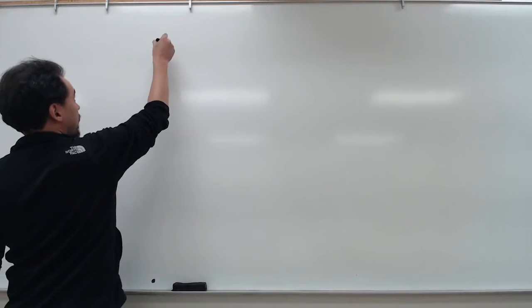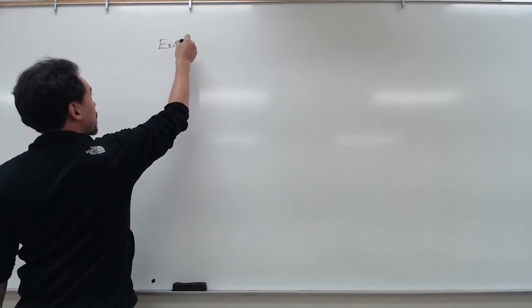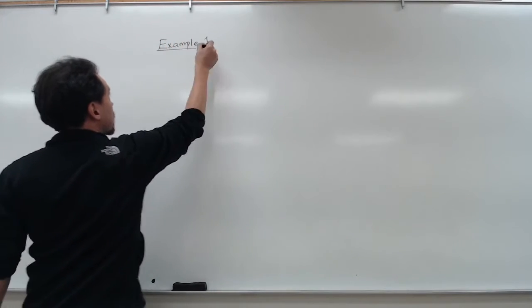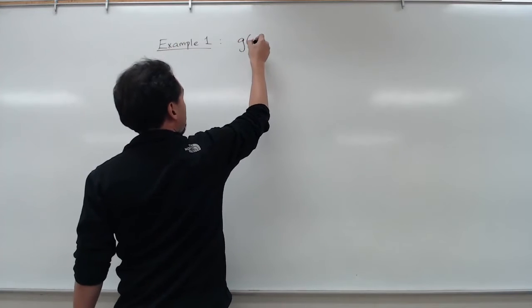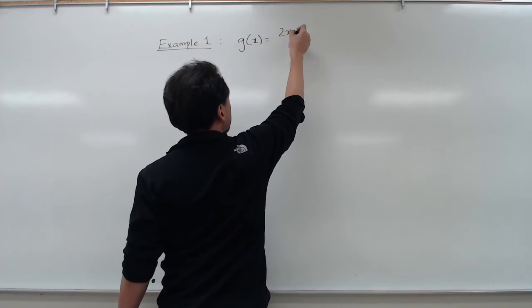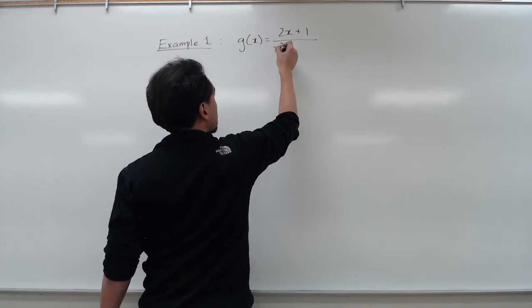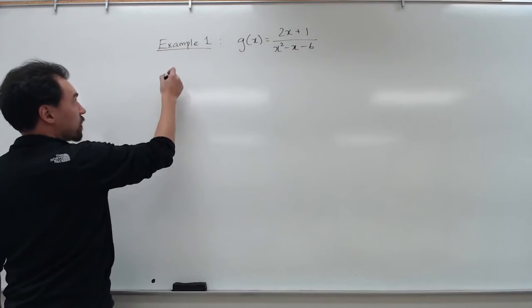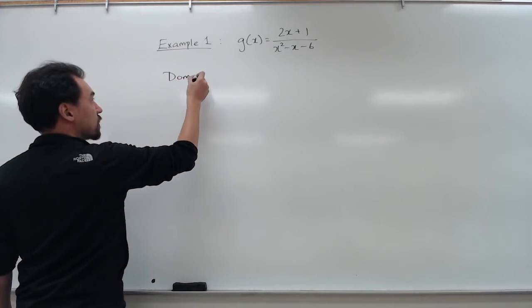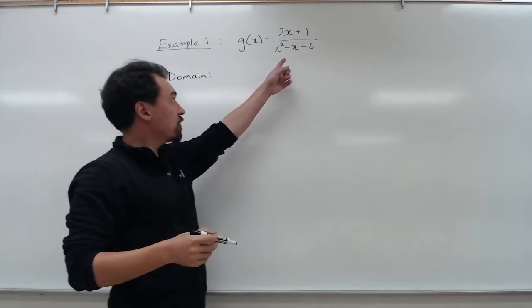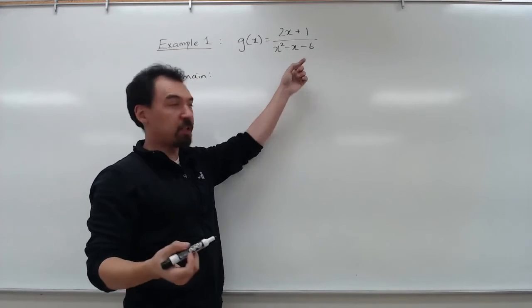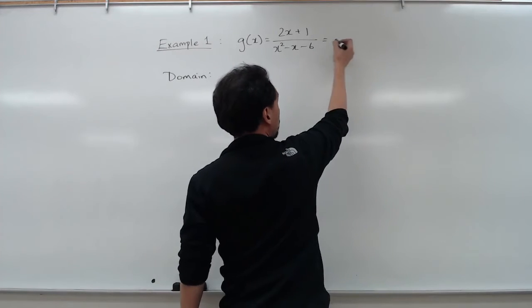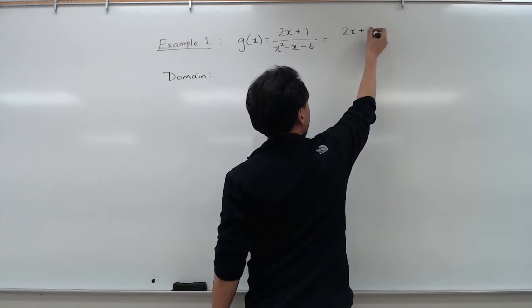Let's try example 1. So last time we started the discussion with, what is a domain? When we have a fraction, we need to make sure the bottom is not equal to 0. So let's see if we can figure out what would make the bottom 0.